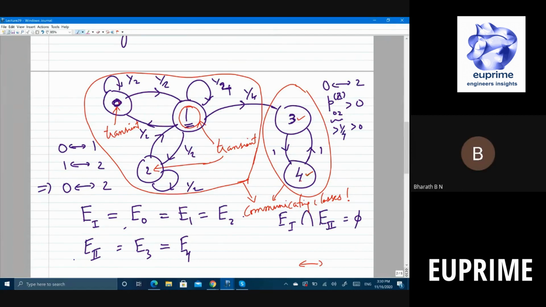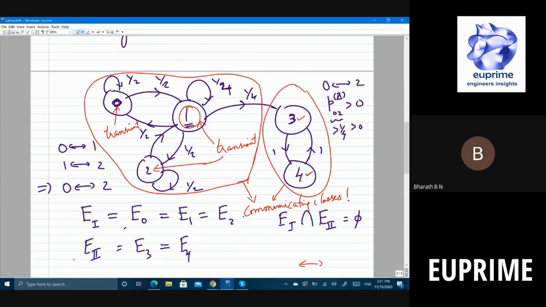No, the notion of transient is not with respect to something. It's a universal truth. A node is transient or not, that's all. So when do you say a node is recurrent? If a node can reach some other node, I communicates with J, then J should also be able to communicate with I. It should not be a one-way path.